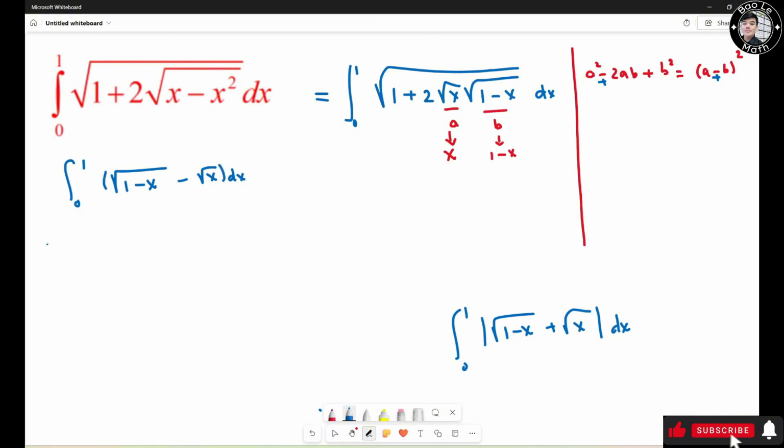Now I can convert this into exponents, so it will be the integral from 0 to 1 of 1 minus s to the power of 1 half, plus s to the power of 1 half ds, right?